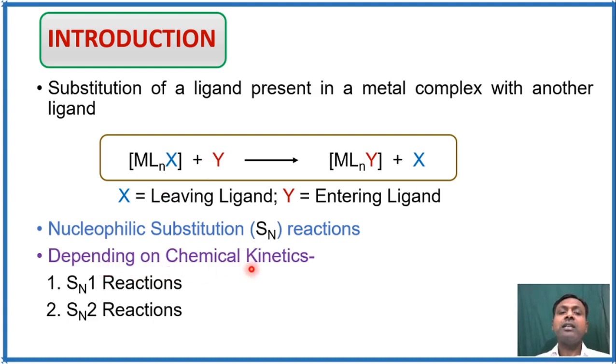Depending on the chemical kinetics, that means the rate of the reaction, how fast the reaction takes place, these reactions are classified into two types. One is SN1 reactions, another one is SN2 reactions.